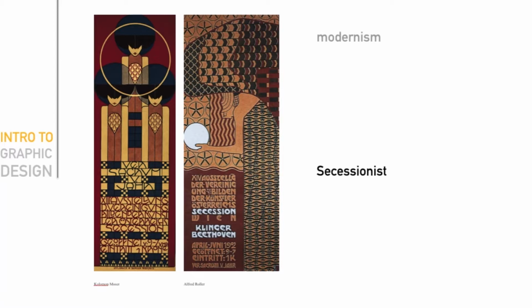So the lettering wasn't separate from the design, the lettering helped express the design. The use of repeated forms to create patterns is significant in the secessionist movement. Again, it was short-lived. It was a response or a reaction to Art Nouveau and influenced Art Deco later on.